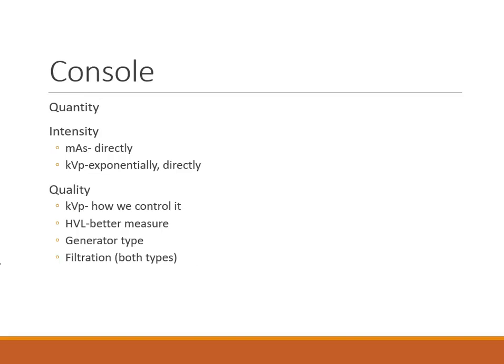So if you have two X-ray beams, both with the same kVp, both shot with the same mAs value, and if you put 1 millimeter of aluminum into the X-ray beam, and after the aluminum what you have is half of the original intensity, what you have is a half value layer. So let's say you generate an X-ray beam with 70 kVp and 25 mAs.